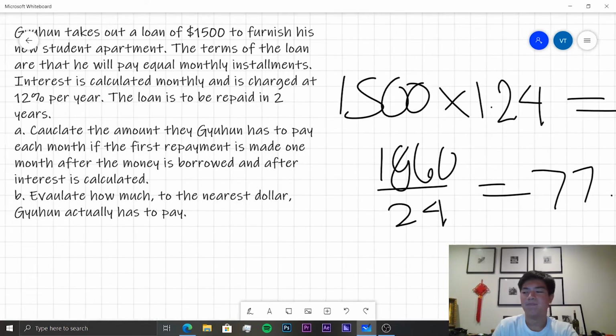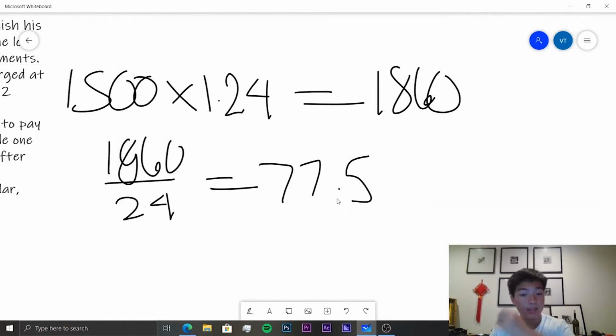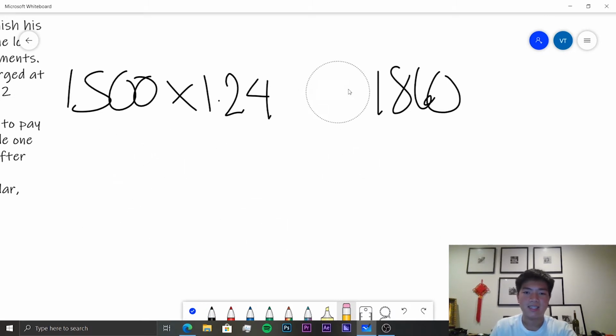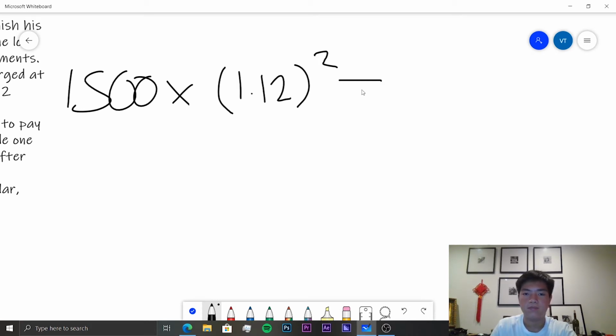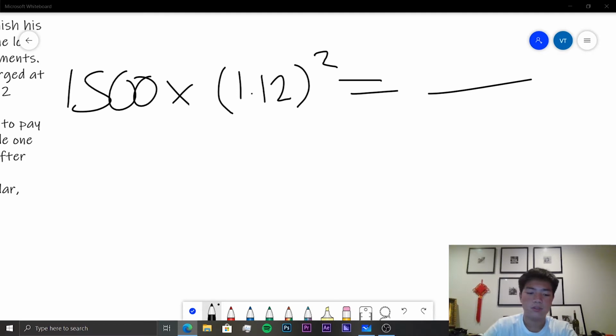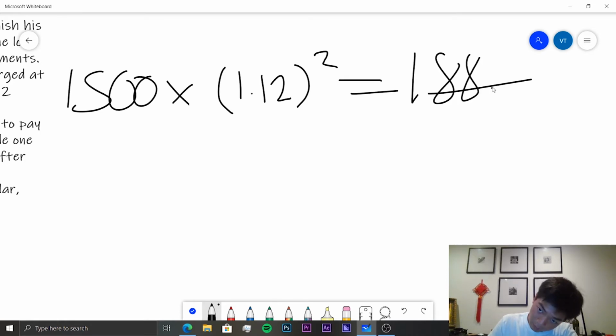What I think we actually need to calculate is compound interest per year. So this would be 1,500 times 1.12 to the power of 2, which is equal to 1881.6.